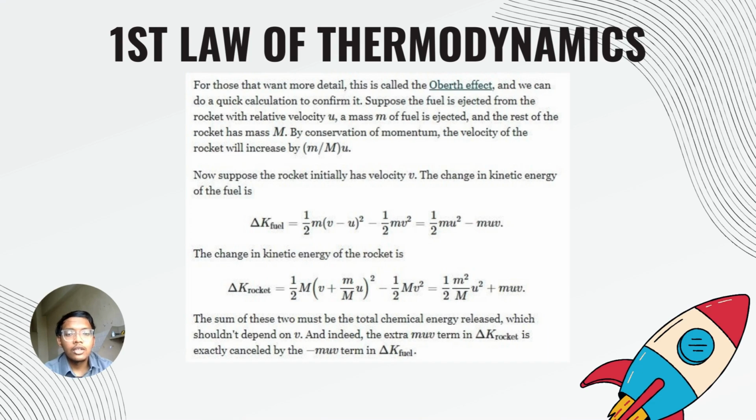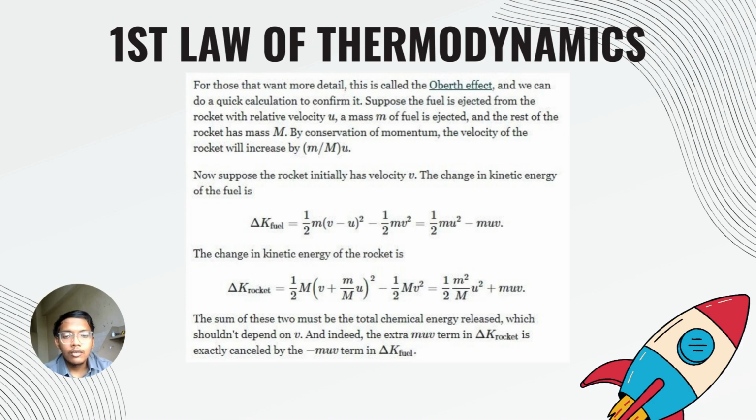Next, the change in kinetic energy for the rocket is 1/2 times the mass of the rocket M times (v plus m/M times u) squared minus 1/2 Mv squared, which is equal to 1/2 m squared over M times u squared plus muv.